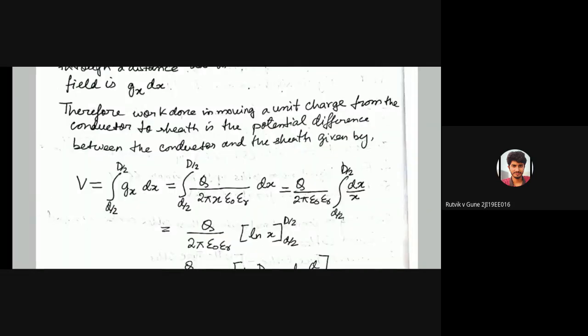We found a small portion, Gx dx, so the entire part we will find by integrating Gx dx with the lower limit small d by 2 and the upper limit capital D by 2.